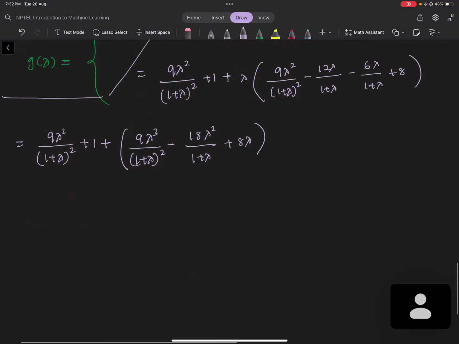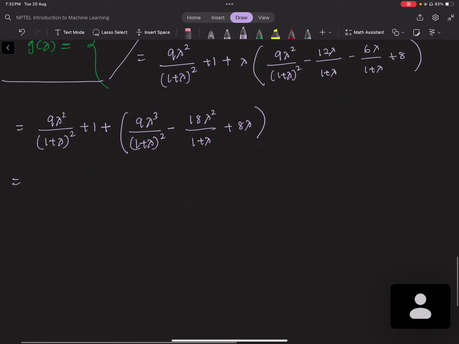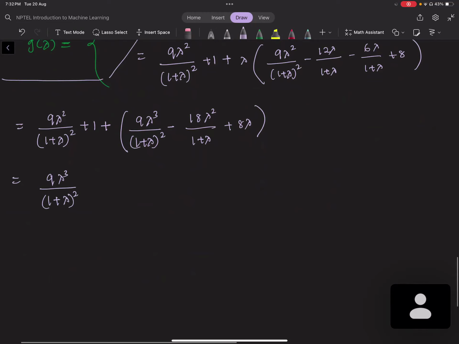Okay. So if we rearrange this, it will be 9 lambda cube by 1 plus lambda square plus this and this will be added.